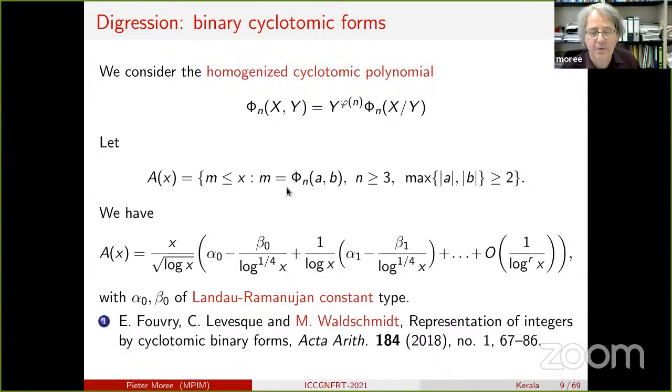And then the question is, which numbers can you represent by non-trivial cyclotomic polynomials? And so in particular, he looked at this counting function.